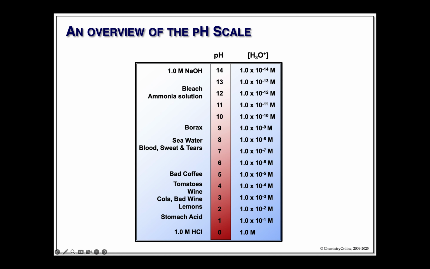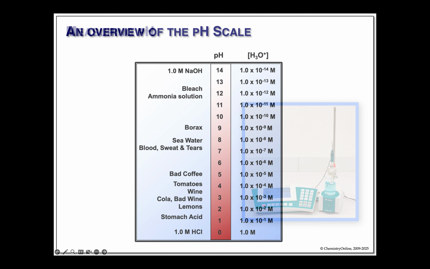Seawater, blood, sweat, and tears, here somewhere between 7 and 8. Bleach, ammonia, around 12, 13. Down on this end, bad coffee is about 5. Very bad wine, about 3. Stomach acid is about 1.5. It's amazing the stomach just doesn't dissolve itself. It is.